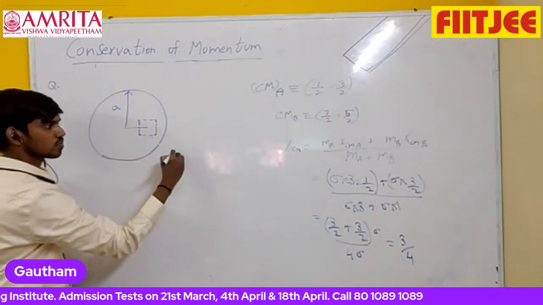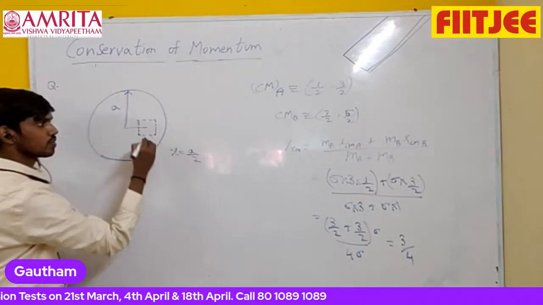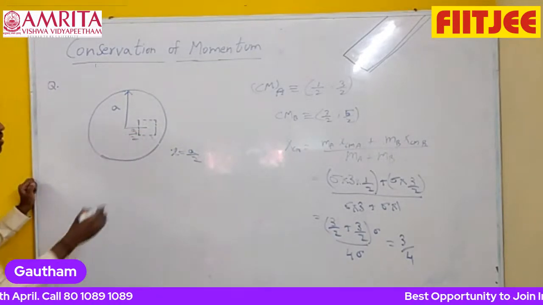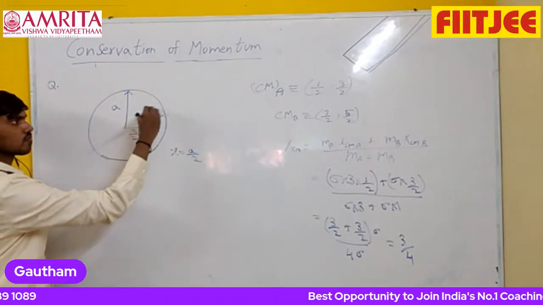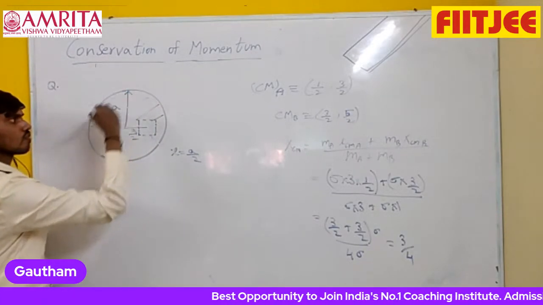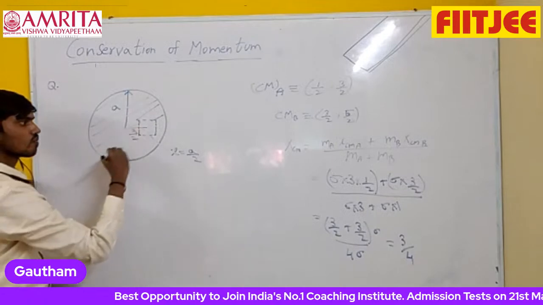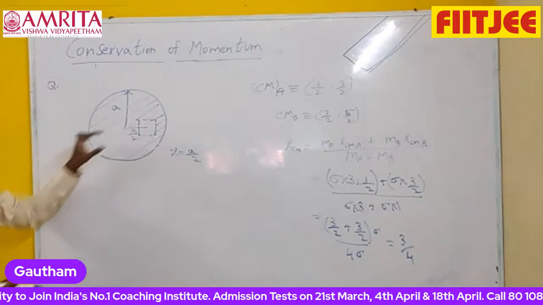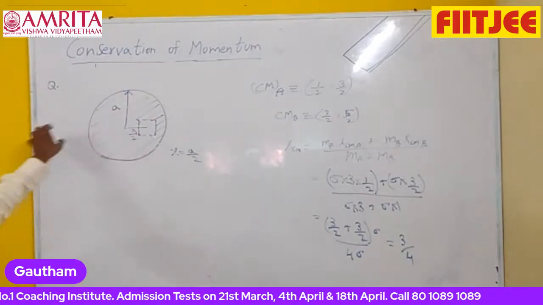So this length is also a by 2. This distance is also a by 2. So mass is present everywhere else, except for this square.